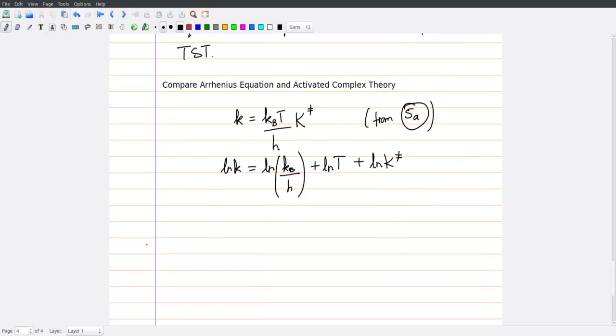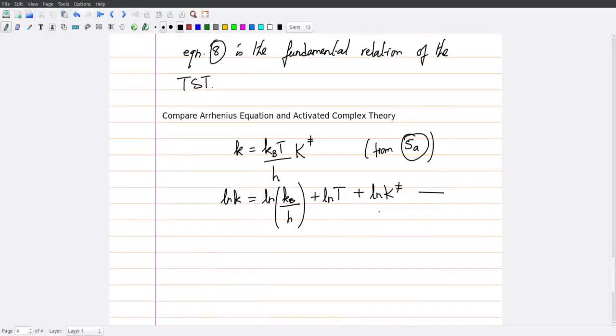I'll call this equation 9. Now if we differentiate this with respect to T, you will have d of ln k by dT equals 1 by T plus d ln of K dagger by dT. Please note, this k is the rate constant.